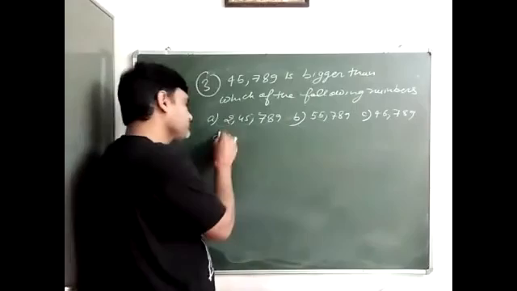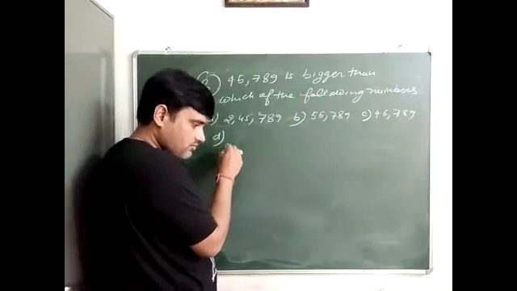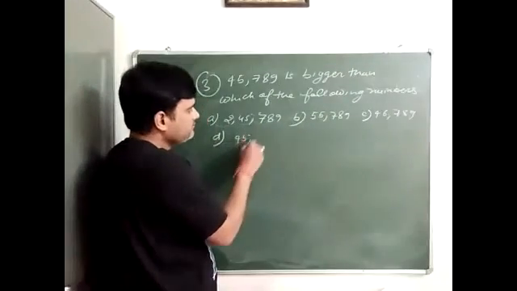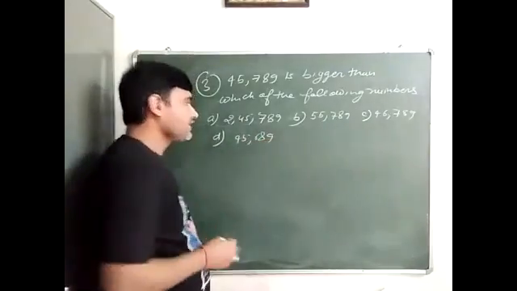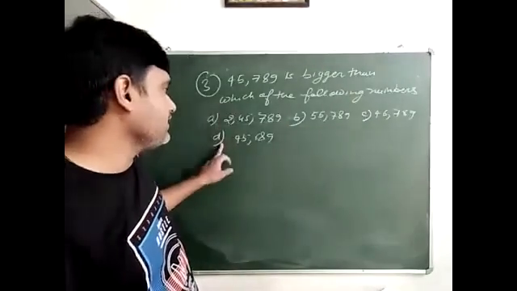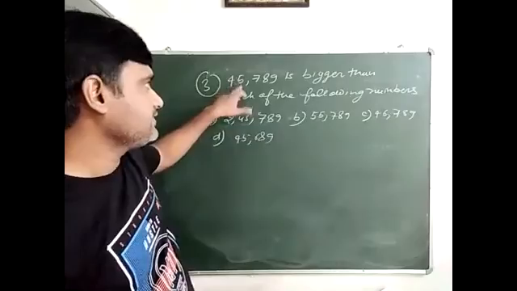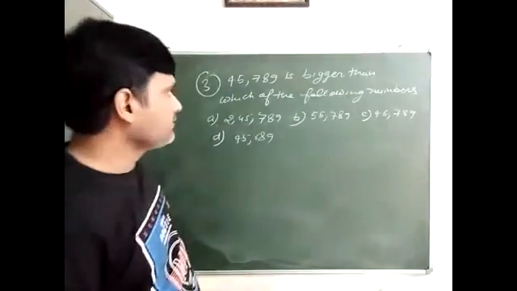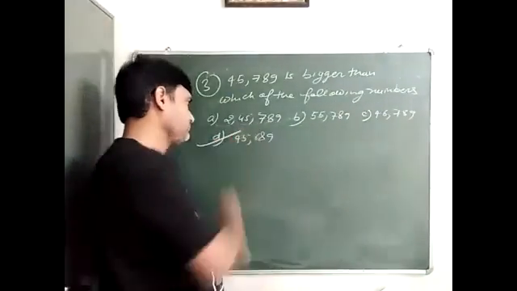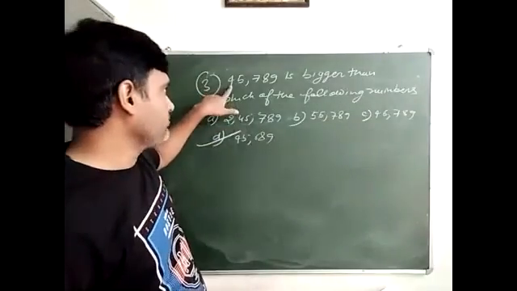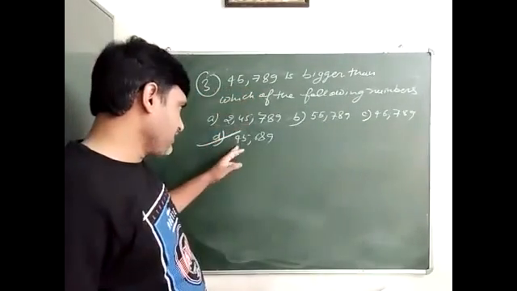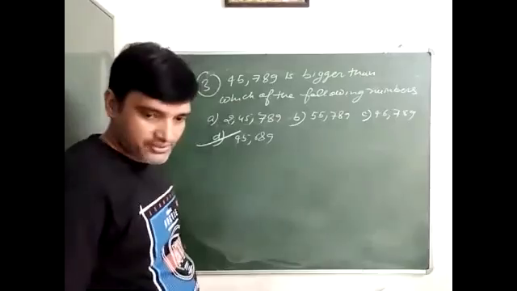And D: 45,689. Here you see that option D is less than this number. So 45,789 is bigger than 45,689. Okay.